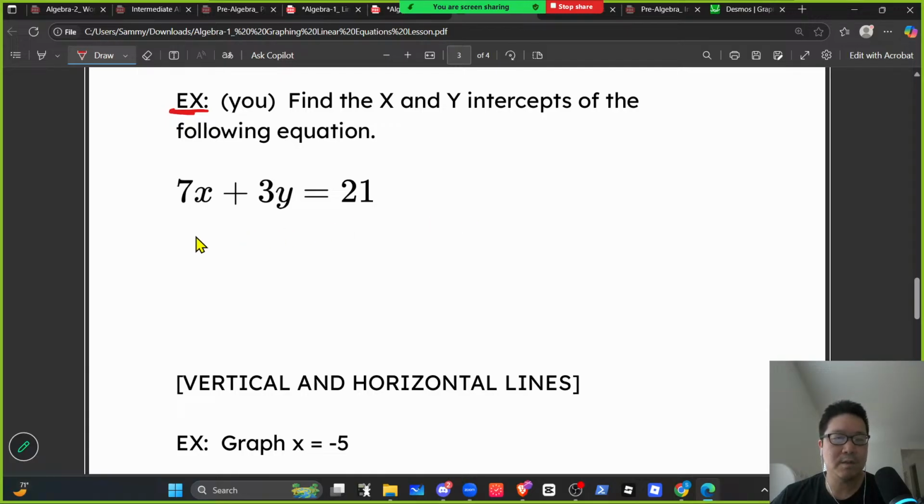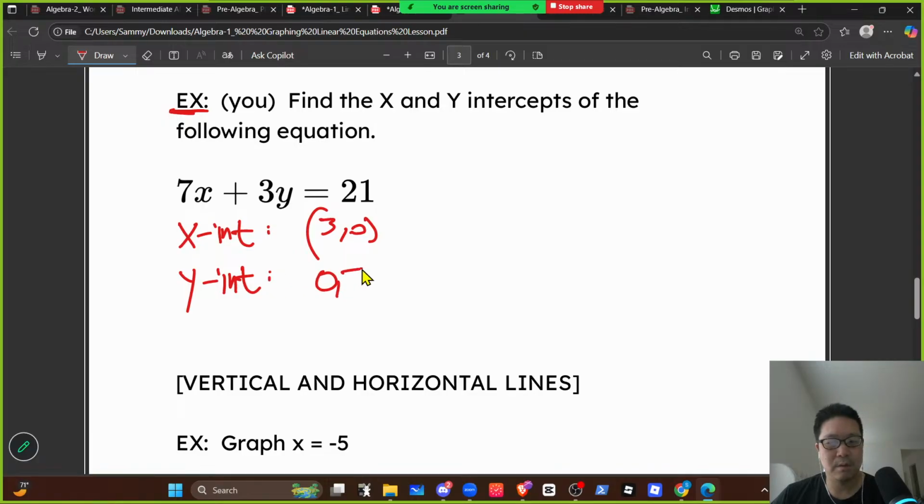Okay, so what is the x-intercept? 3. So 3, 0, okay. And what is the y-intercept? 7, 0, or 0, 7. Yeah. Okay, good. So for the x-intercept, you plug in 0 for y, and for the y-intercept, you plug in 0 for x.